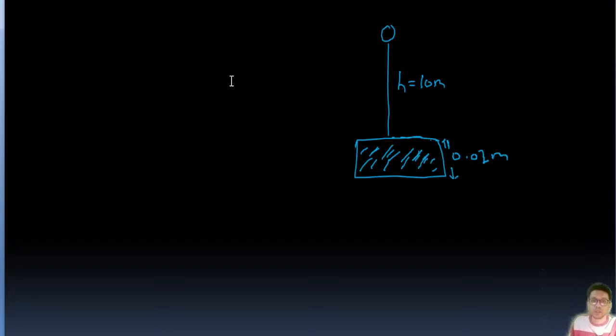First we'll get the velocity of the particle just before hitting the cushion. We can do this by the equation of motion, as well as from conservation of energy.